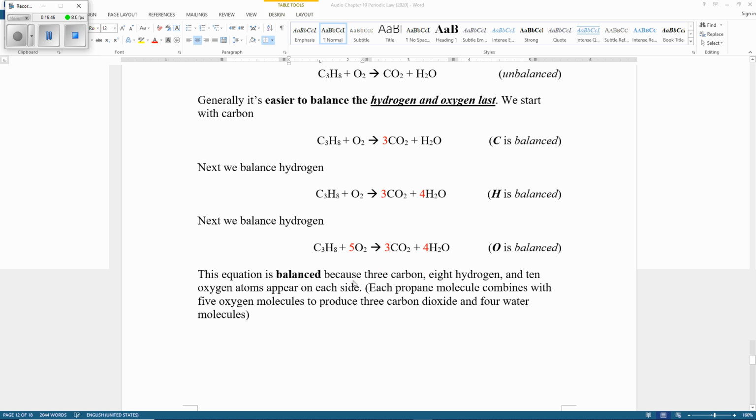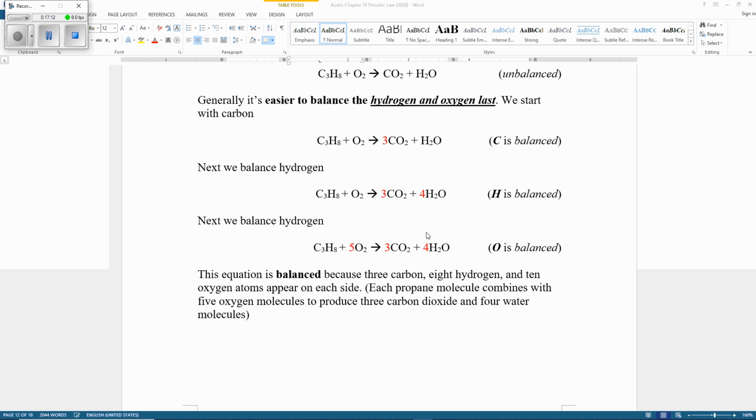Now everything's balanced. You're going to have 3 carbon each side, 8 hydrogen, 2 times 4, and 10 oxygen, 2 times 5 gives you 10. We did this already: 6 plus 4 oxygen atoms gives you 10. So it's balanced.